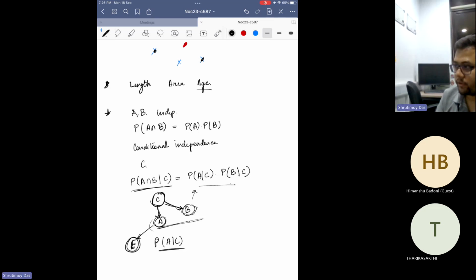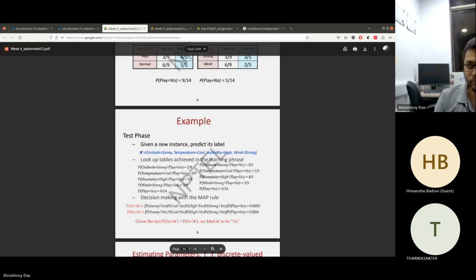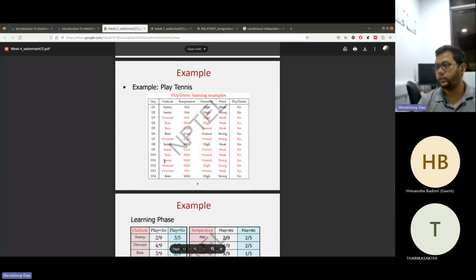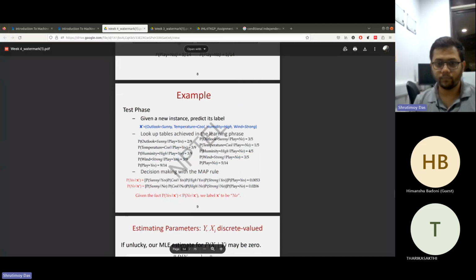Let me share my screen. So you are given this table, right? You have to look at these probabilities.